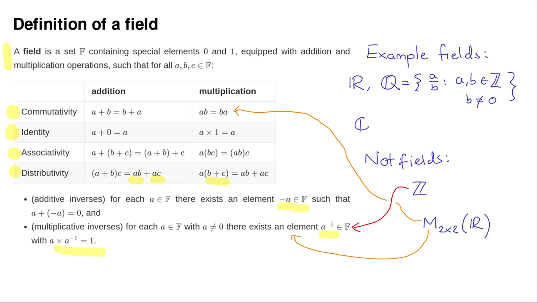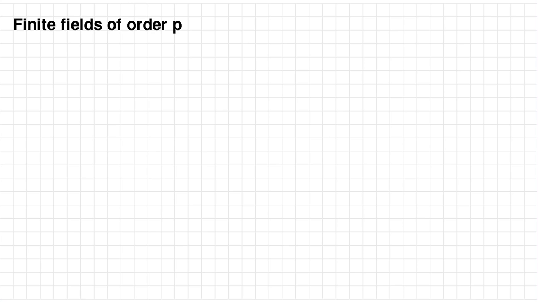Okay, we've seen some examples of fields. We've seen some examples of things which are not fields. We're now going to move on to a family of examples called the finite fields of order P, which are new to us, which are very interesting, and which are quite different to the fields that we've seen so far.